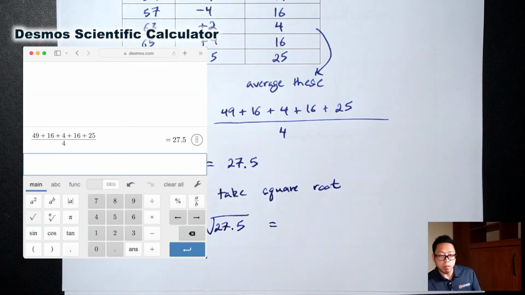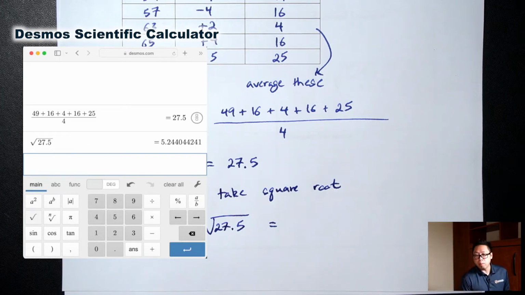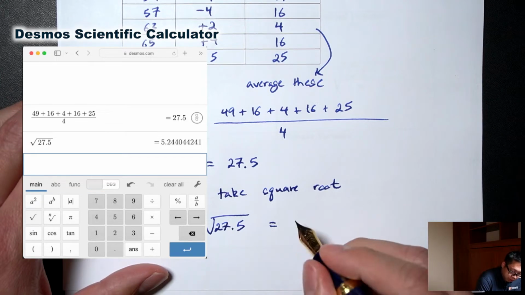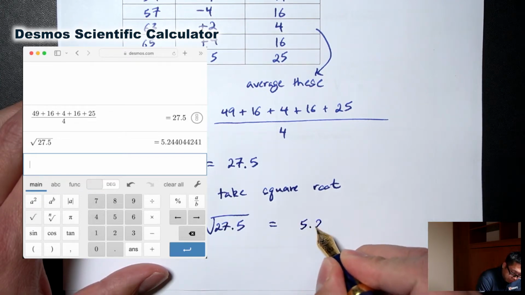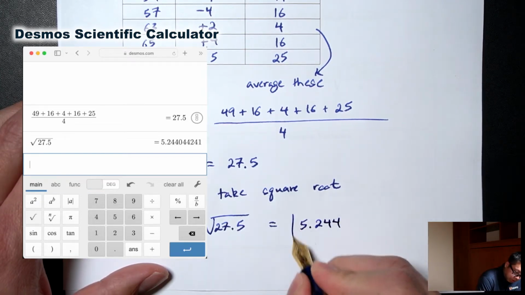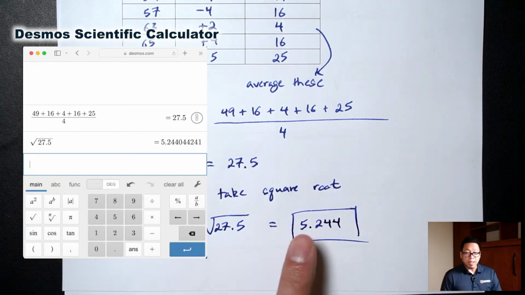On my calculator, I'll do a square root of 27.5, and then round to 3 decimal places. And we get 5.244. And that's the standard deviation.